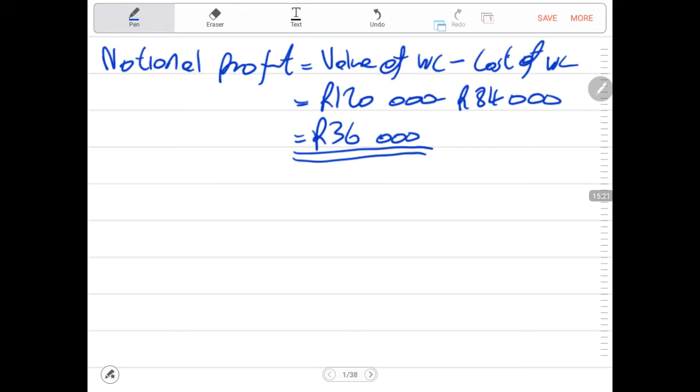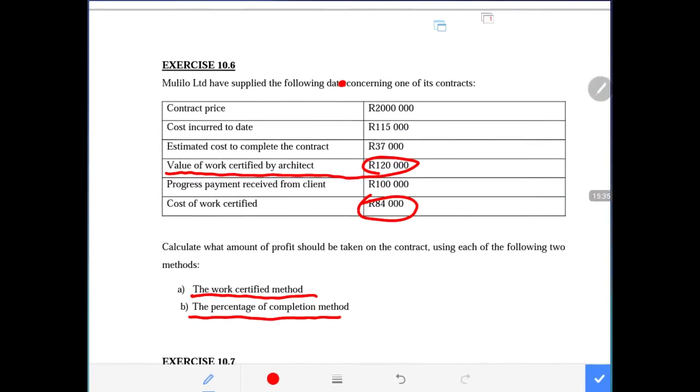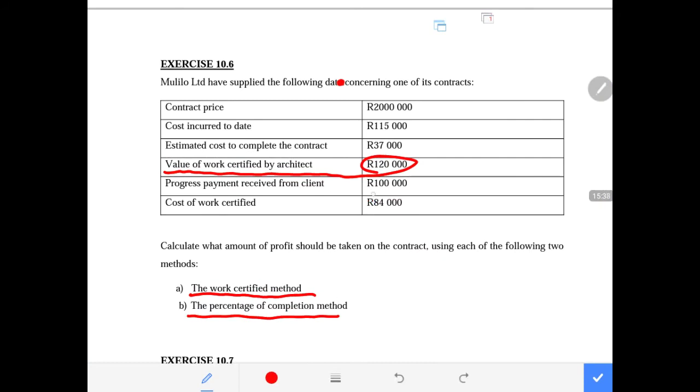So this is the profit that we have taken from the cost of the work that is certified and the selling price of that work. In other words, it cost us 84,000 to construct or complete the work. But why is the value 120,000, yet the cost is 84,000?